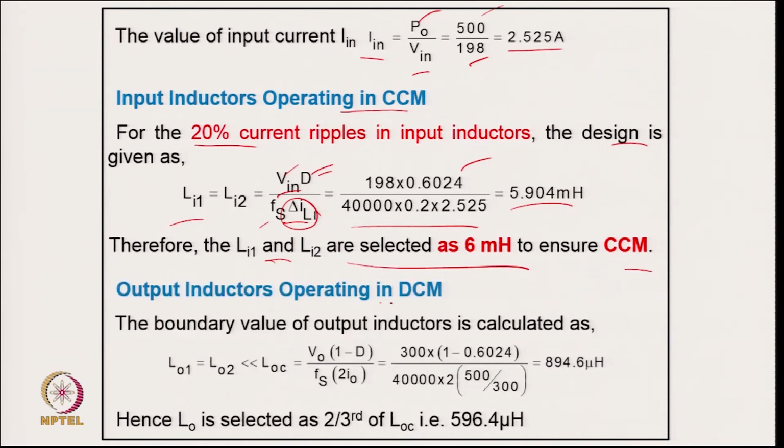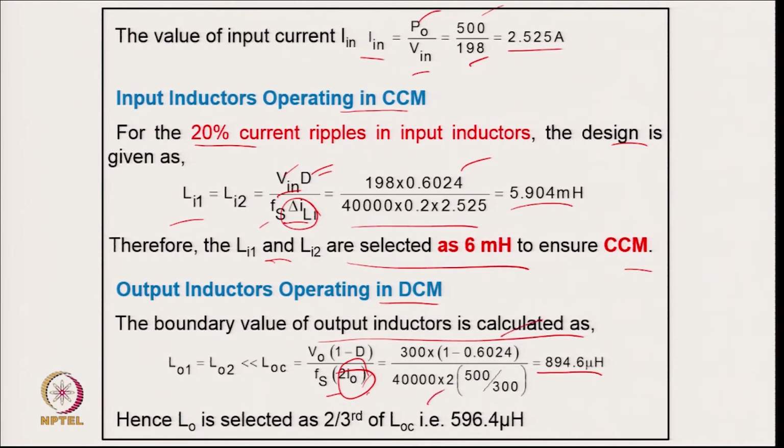And now, coming to the output inductor operating in discontinuous mode. The relation corresponds to the output inductor, and here for the boundary condition the ripple is twice the current flowing through it, that is, the current through this output inductor is the same as the load current. So the average of this will be double for just the boundary condition, and we calculate this; it comes to 894.6 microhenry after putting in the values of all these variables.